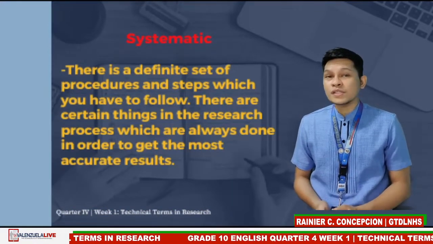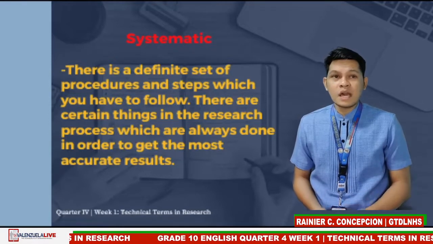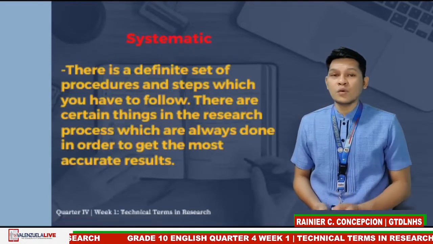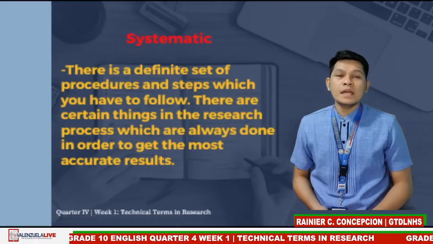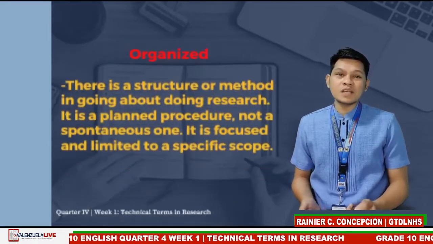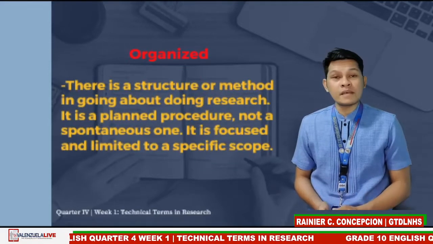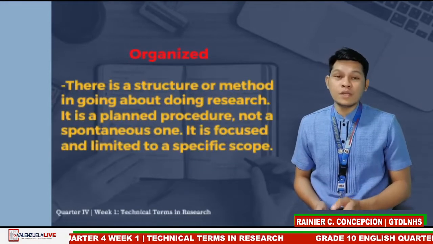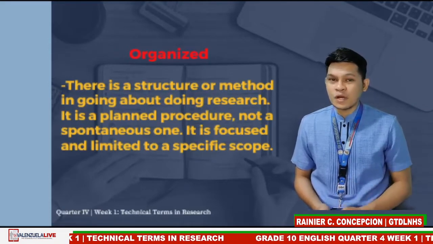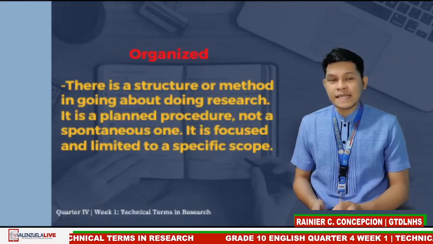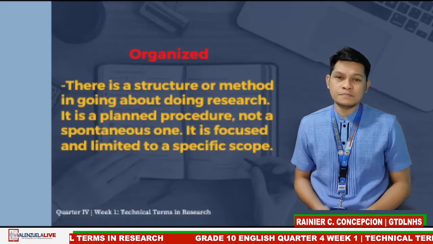There are certain things in the research process which are always done in order to get the most accurate results. It is organized because there is a structure or method in going about doing research. It is a planned procedure, not a spontaneous one. It is focused and limited to a specific scope.